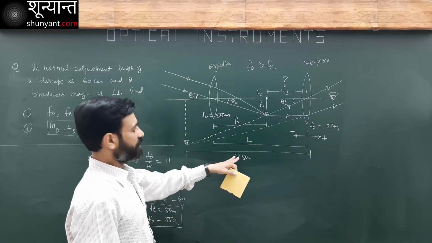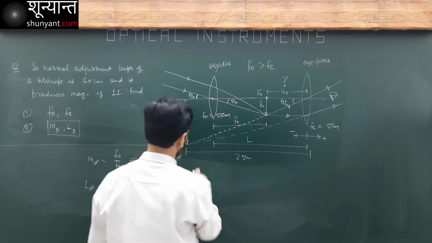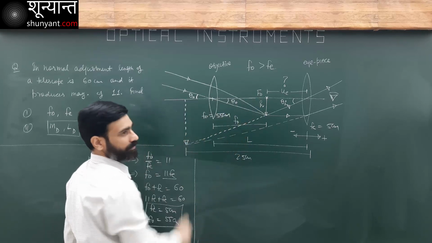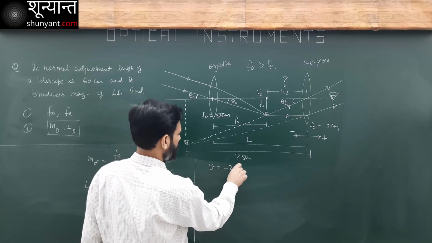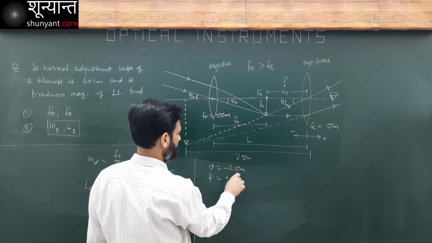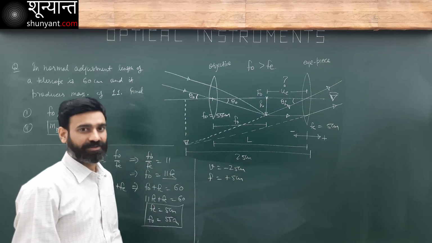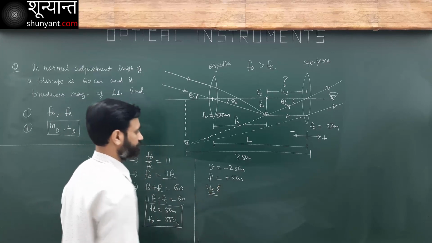I want my final image here. Okay. First image is always formed here. Okay. What should be UE? Okay. So it's like this. Final image minus 25 centimeter. Focal length is plus 5 centimeter. What should be UE? This I want to find.